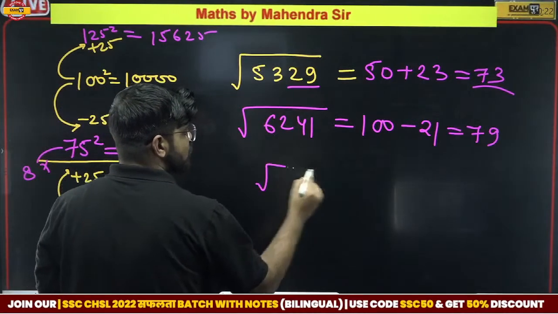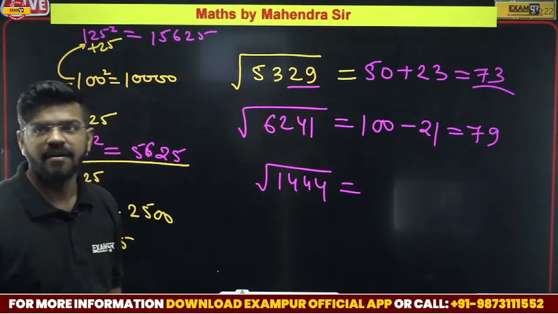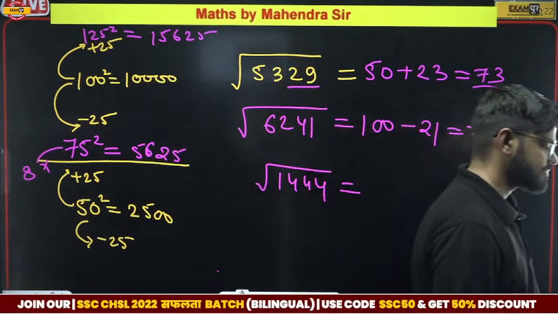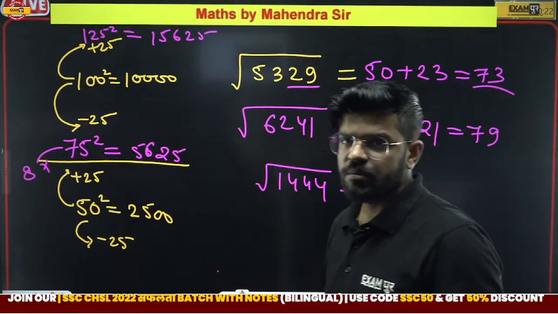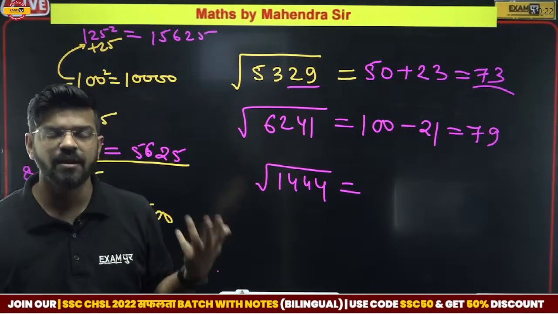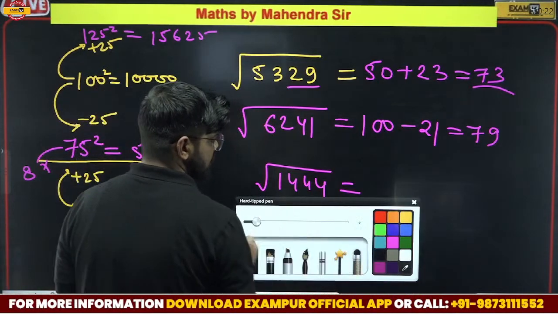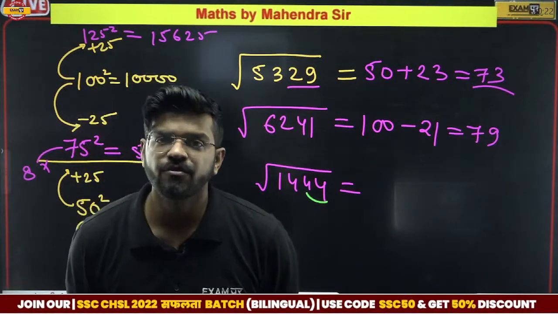Let me take some small numbers. 144. Tell me this. Whatever trick you have seen, by looking at the numbers you can tell me the answer. The last two digits are 44, yes or no?